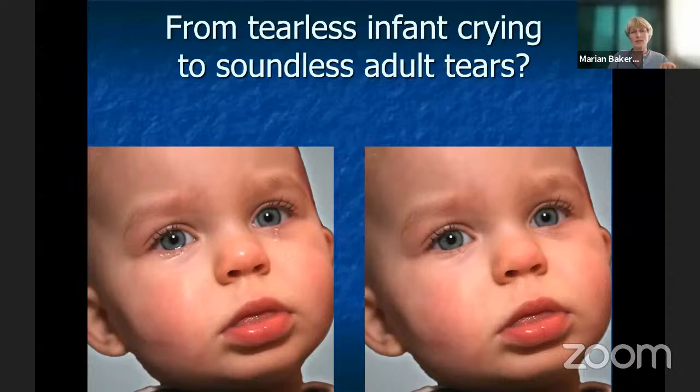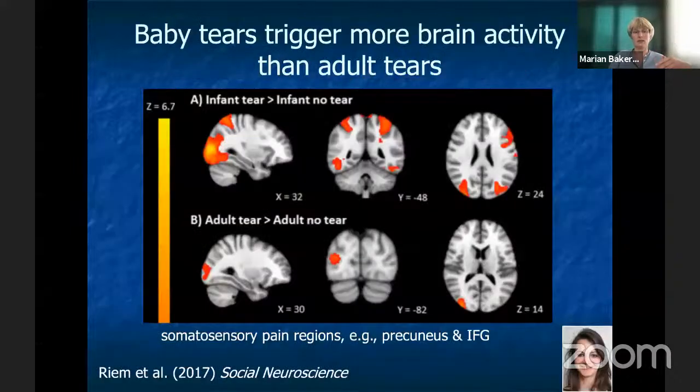You see on the left hand with tears that we removed, or actually we brought them into the picture. We took the right picture as a basic picture and added tears to it. And then we wondered what the difference in brain reactivity would be to the similar face, but with tears and without tears. And we compared that for infant faces and adult faces.